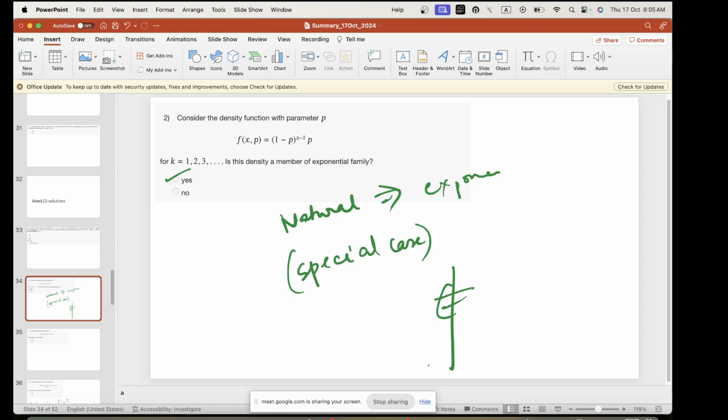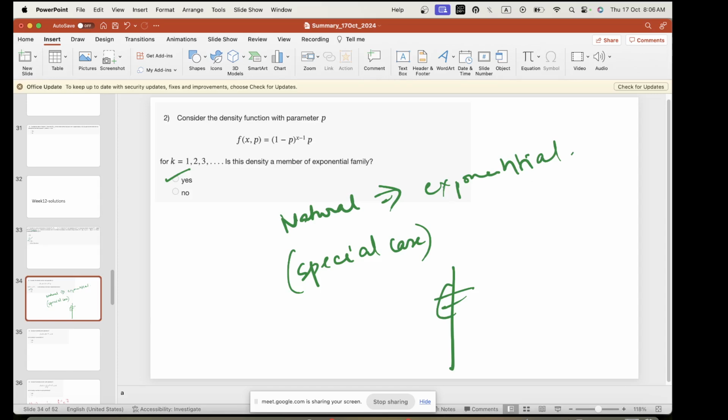Okay, so if you could find that this distribution actually belongs to the natural form of exponential families, then by default it is a special case of the exponential family. So we don't need to do that cross check again and again. But if it belongs to the exponential family of distributions, it may or may not be of the canonical form.